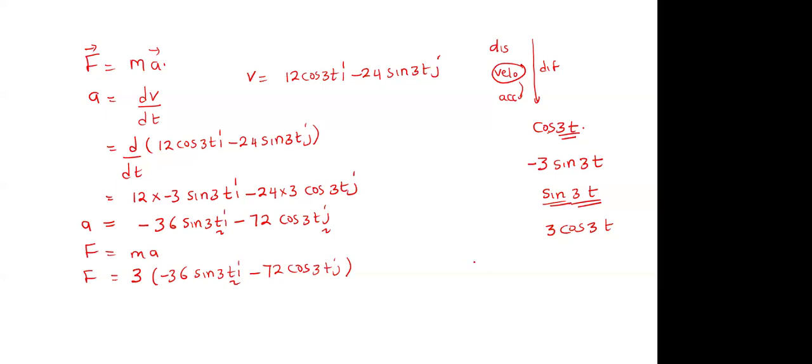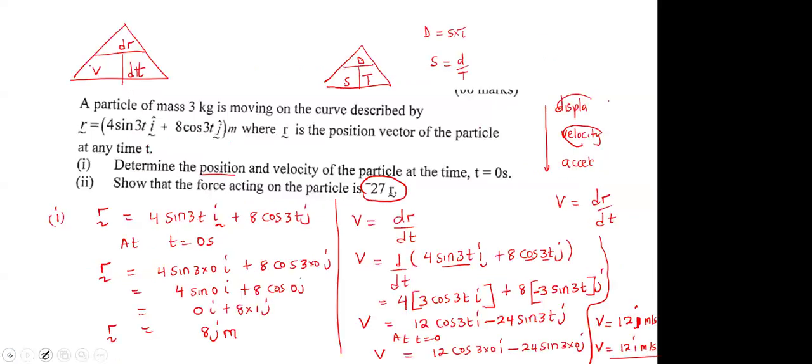But remember that your R initially, R was 4 sine 3t i plus, was it 8 cos of 3t j? I think that was our R.